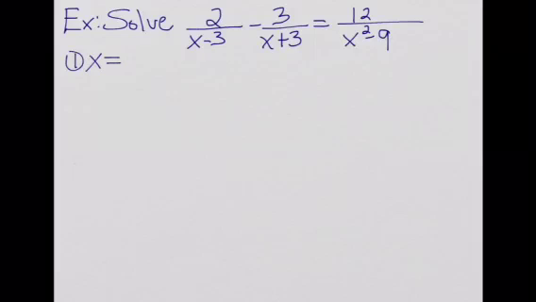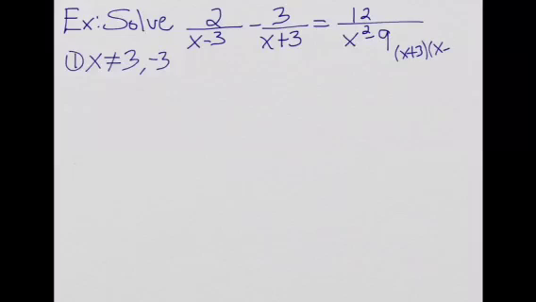So I know that x cannot equal positive 3. And if I plug in negative 3 for the second one, I would get 0. So I know that x cannot equal negative 3 as well. And if we remember difference of squares, x squared minus 9 factors into x plus 3 times x minus 3, which is what we've already found the domain for. So our domain is that x can be anything except for 3 and negative 3.